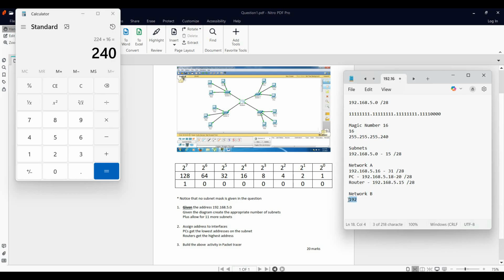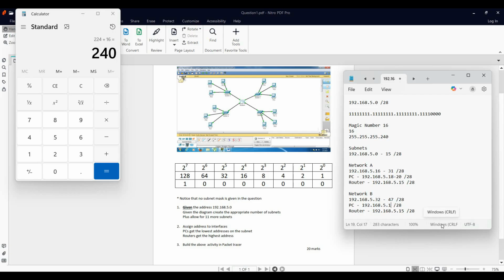Alright, so I'm just going to copy this template. We have to do this for the other networks. So network B will start at 32 and go up to 48, like this, 47.